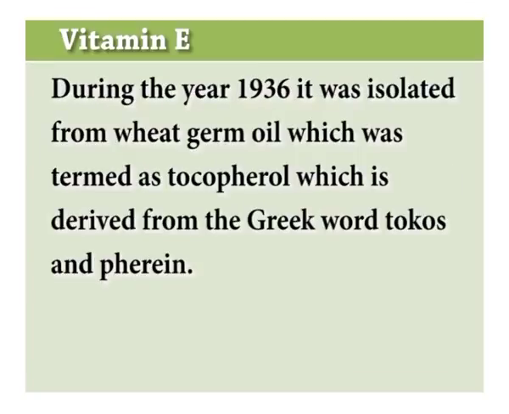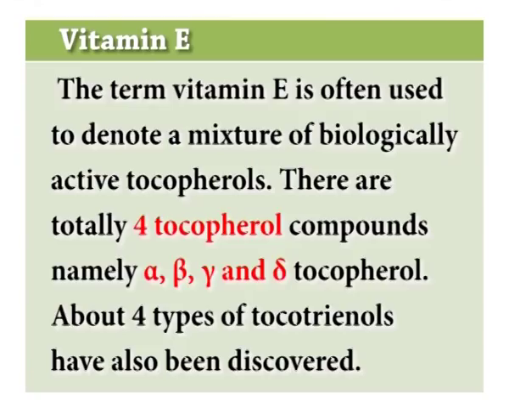During the year 1936, it was isolated from wheat germ oil and was termed tocopherol, which is derived from the Greek words tokos and pherein. The term vitamin E is often used to denote a mixture of biologically active tocopherols.